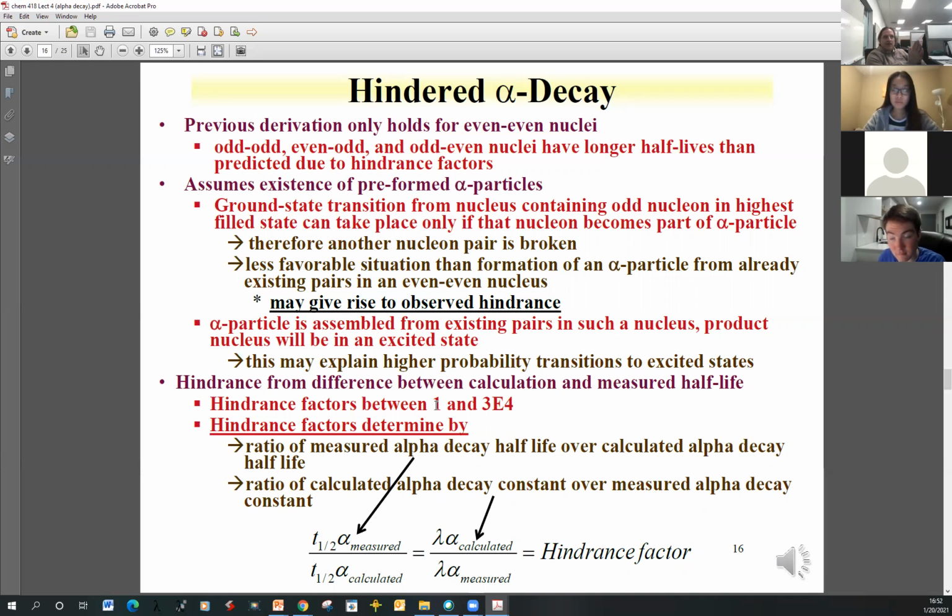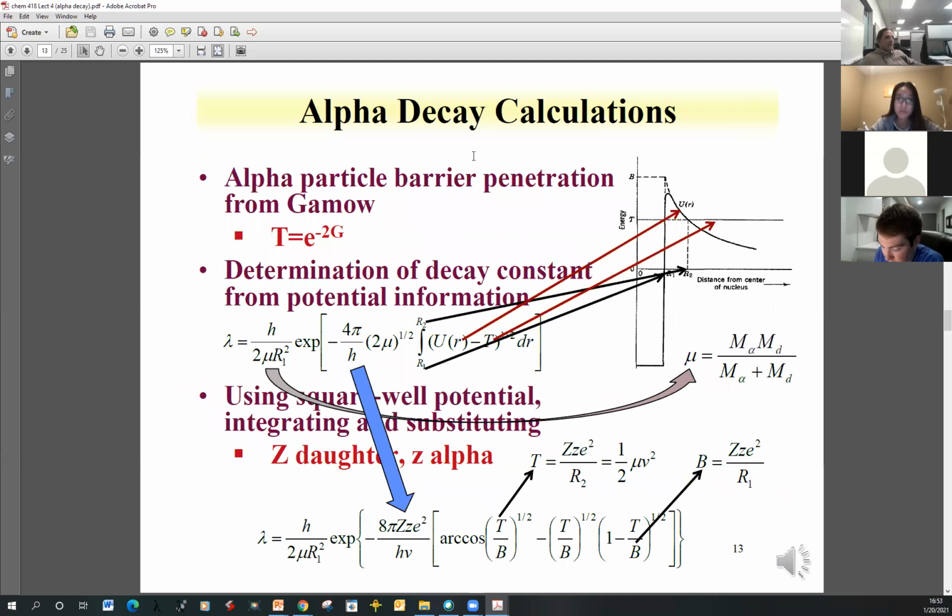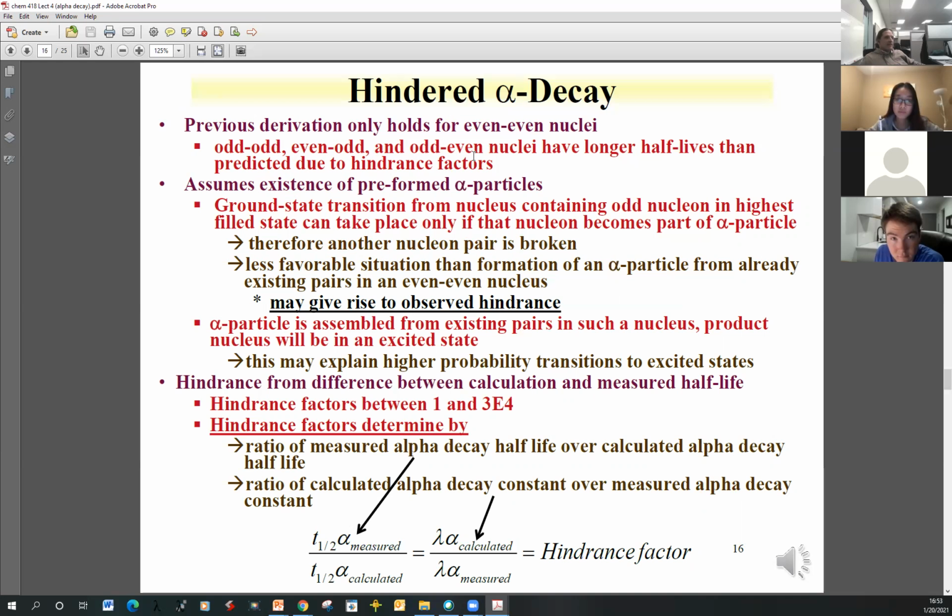I may get, for an idealized system, a certain decay constant or half-life, but when I measure it, the half-life's longer. The model could say the alpha particle isn't together all the time. And where you see it's particularly true, for all these deviations, all these equations that we went through, is for even nuclei.